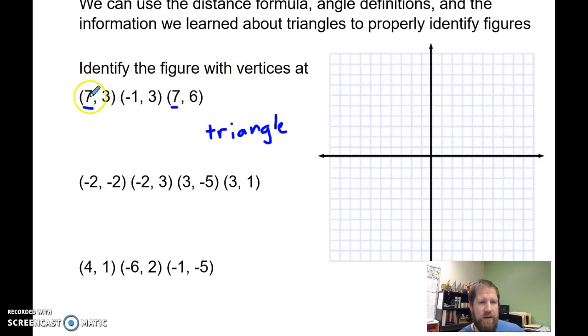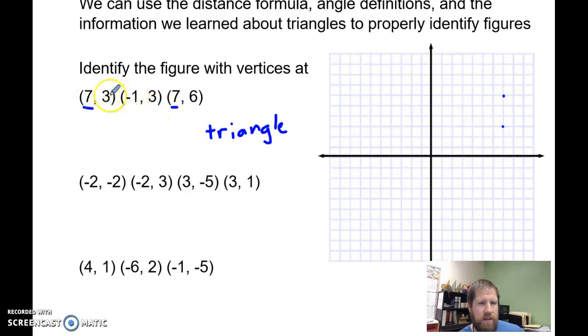So let's go ahead and plot these ones. So 7, 1, 2, 3, 4, 5, 6, 7. But 7, 1, 2, 3, and 7, 1, 2, 3, 4, 5, 6. All right, so those share that point.